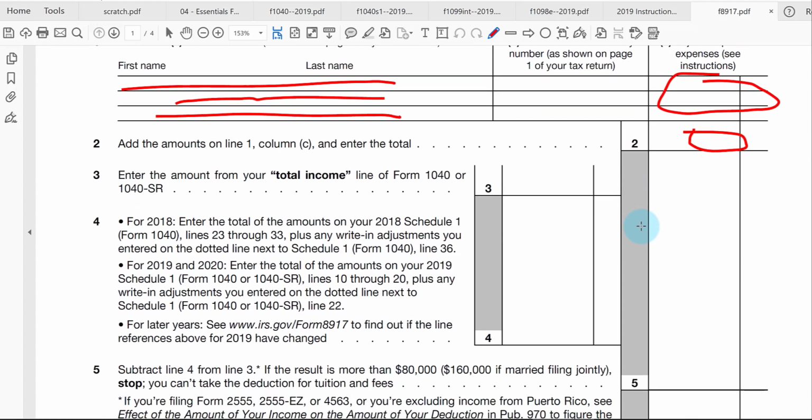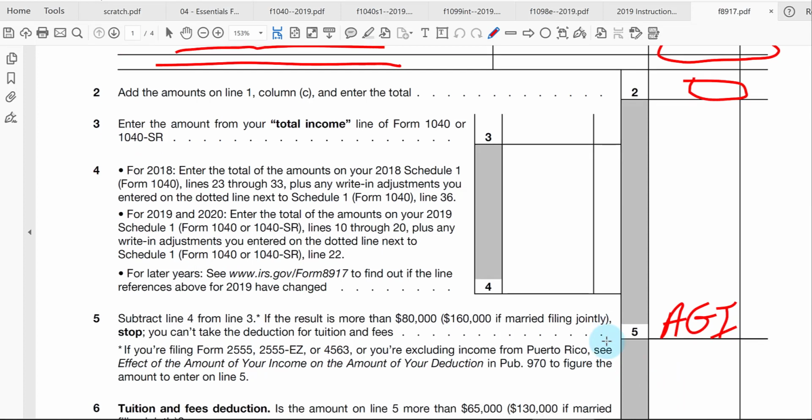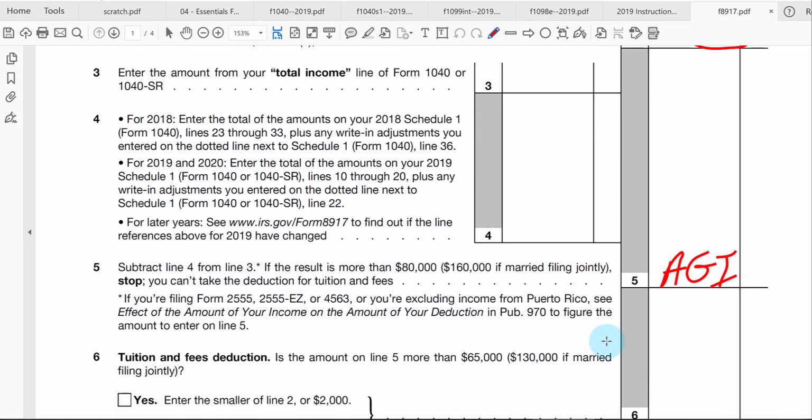So what we're calculating here is the taxpayer's adjusted gross income before deducting this tuition and fee deduction. If your AGI, if you're married filing joint, exceeds $160,000, there is no deduction. Your deduction gets phased out because you have too much income. For other filing statuses, if your AGI is above 80,000, there is no deduction.